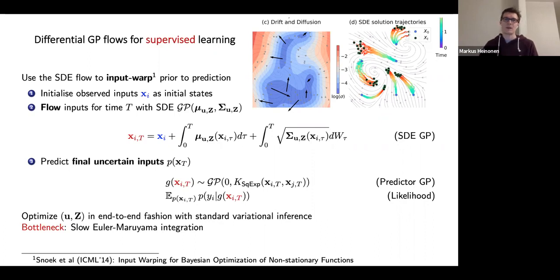And then we apply a standard stationary Gaussian kernel Gaussian process on the endpoints, which is the function G. And the idea here is that when we optimize this in end-to-end fashion, because this final classifier regressor G is a stationary function, then it's most optimal if we process the data in a way that any non-stationarities are removed from the data. And this way, the system can fit very flexible data sets.